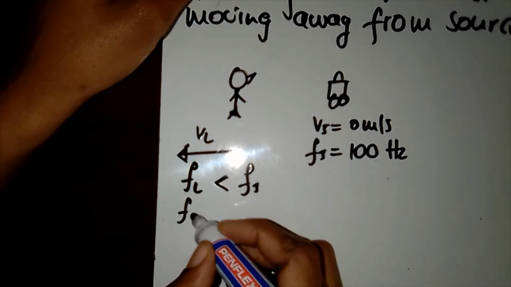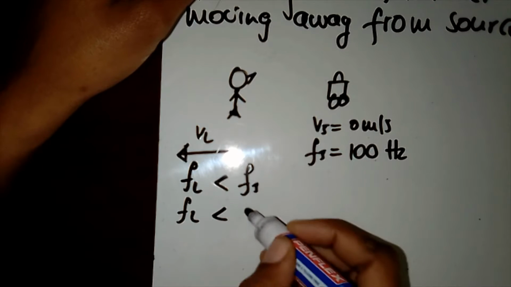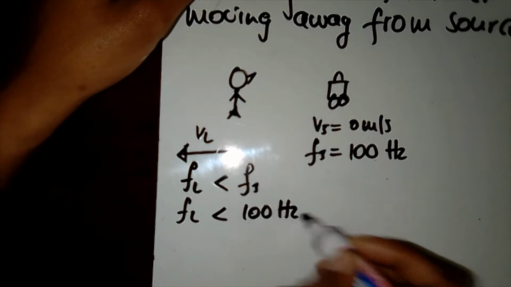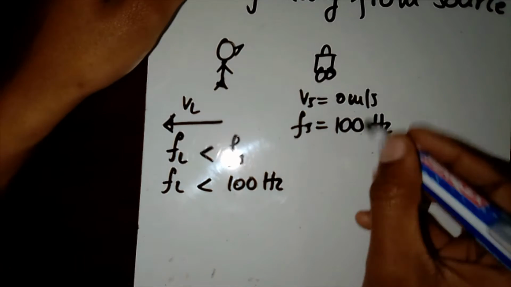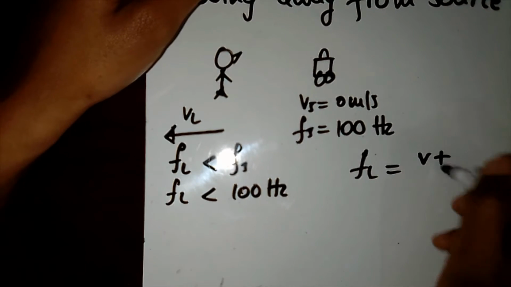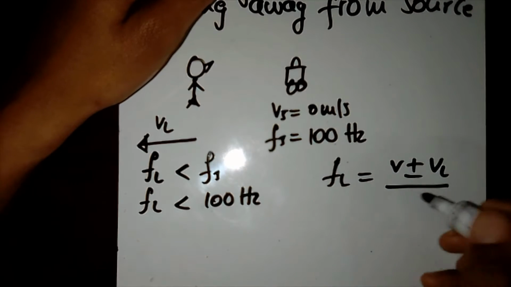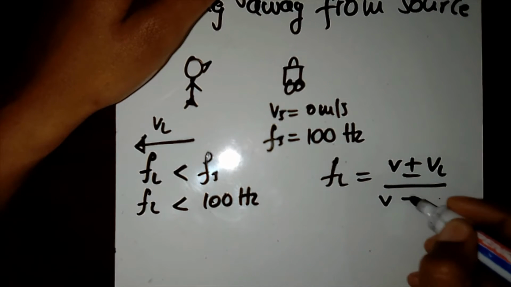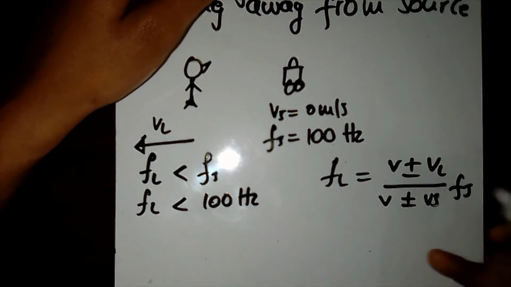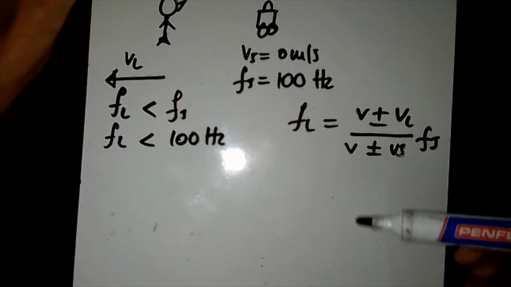So the frequency that they will hear is going to be less than 100 hertz, right? Okay, cool. So now what happens? We introduced you to an equation over here. Remember, in questions, always start by writing the full equation as it is, include the plus or minus. Now the question is, do I use a plus or a minus?